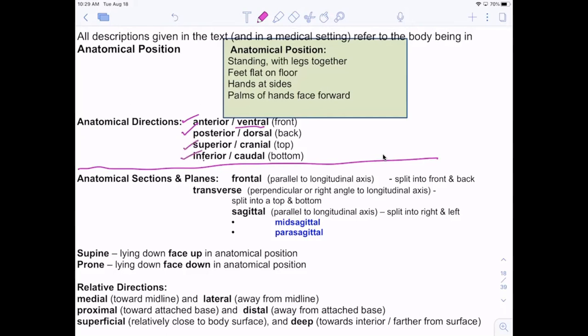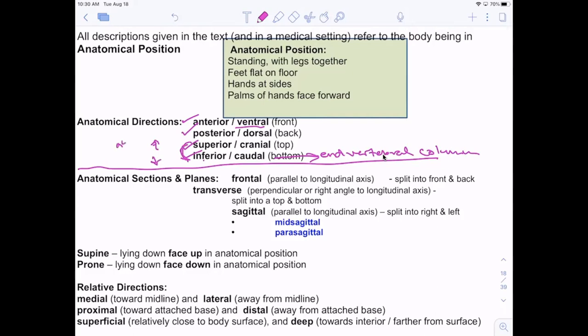Now, cranial can be used for your top. Caudal can be used up until the end of your vertebral column. That is where the caudal, or your tail, ends. So generally speaking, if you're talking about something being high or something being low, we tend to use superior, inferior.